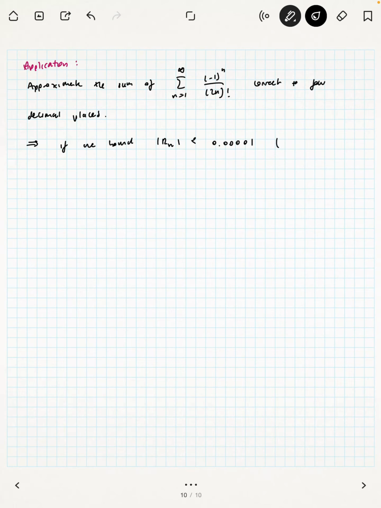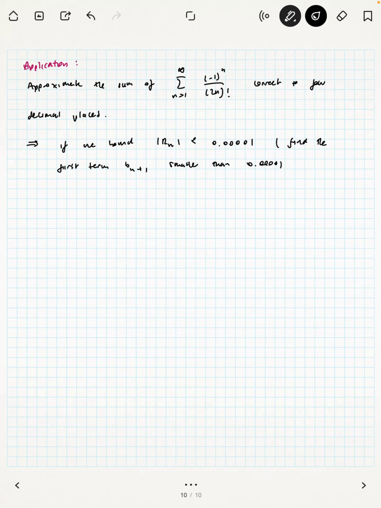and you know that we can just find the n plus 1th term of this series, find the first term b sub n plus 1 smaller than 0.00001, then our actual value of the series cannot be more than this much away from our approximate value.